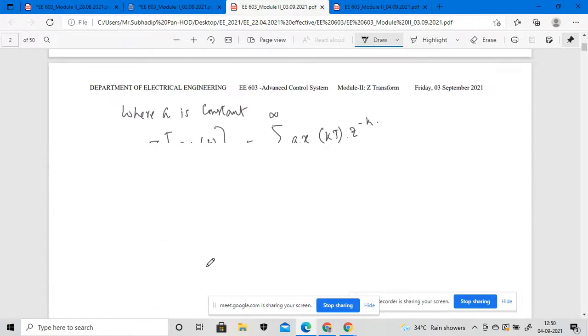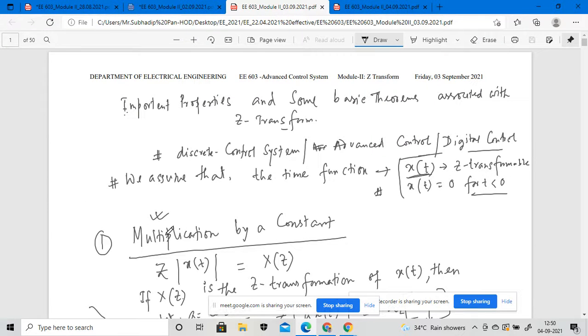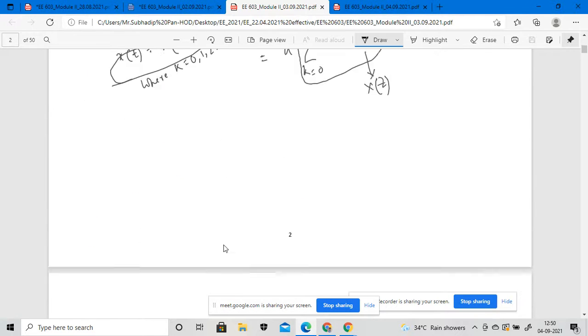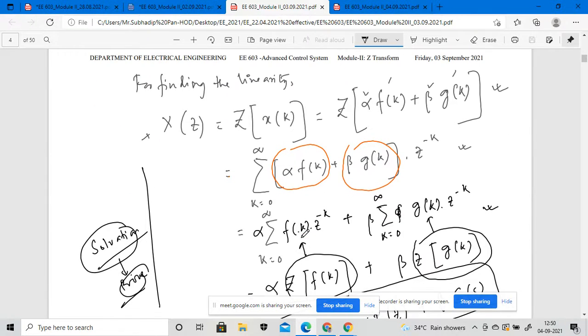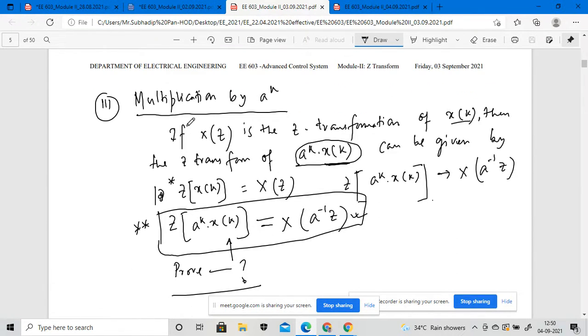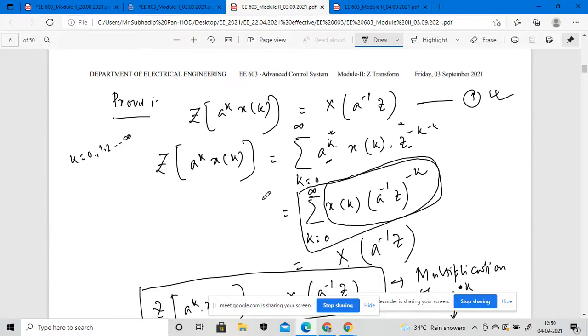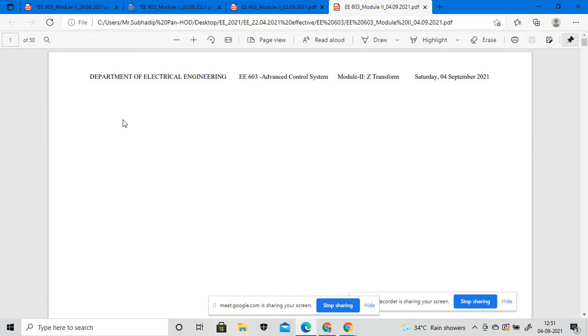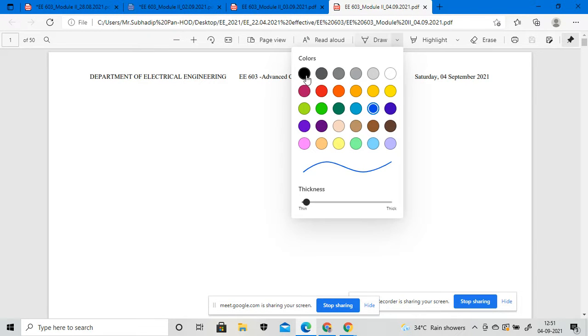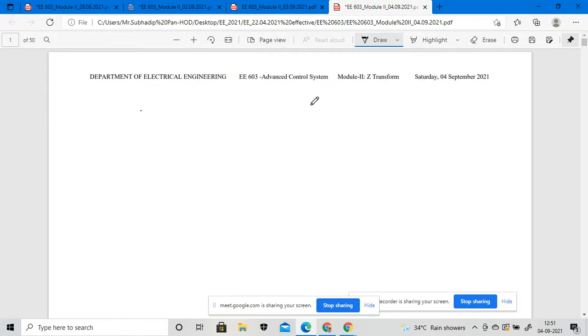Today we will see some important properties: multiplication by a constant, the linearity of the Z transform, and multiplication with polynomial functions, and how to derive and prove those things. Today we will discuss some theorems. First we have to consider the shifting theorem.